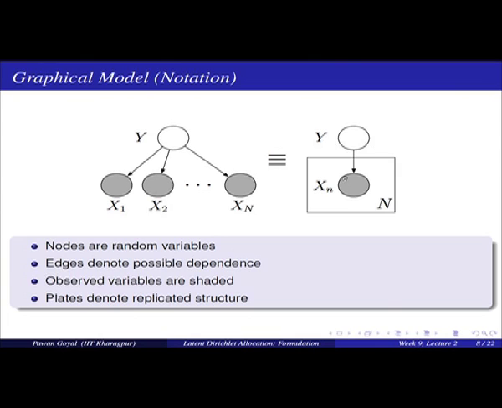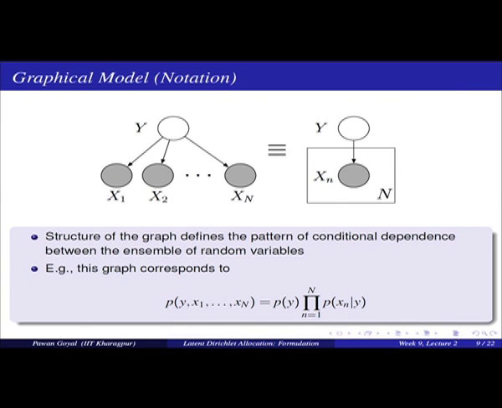Okay. Once we have seen this, how do we interpret graphical notations? Then we can look at the graphical notation for LDA. But just one more thing: once we have this notation, we can also compute the probability of the whole graphical structure. So I have variables y, x1 to xn.